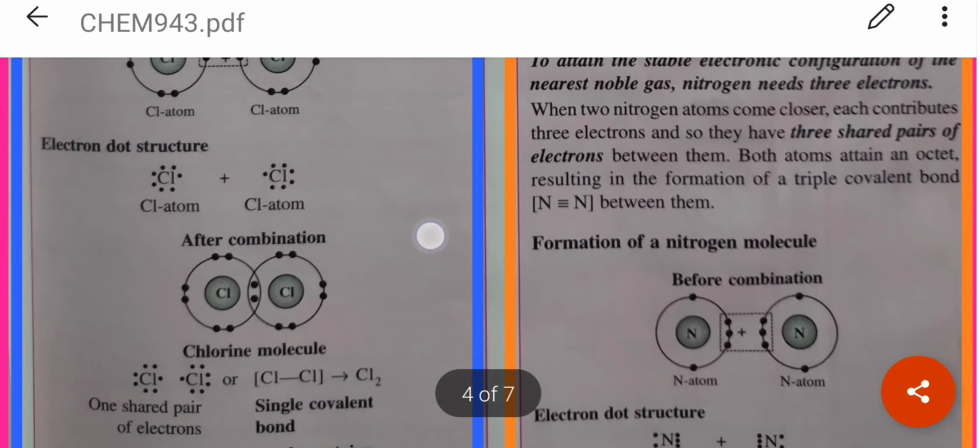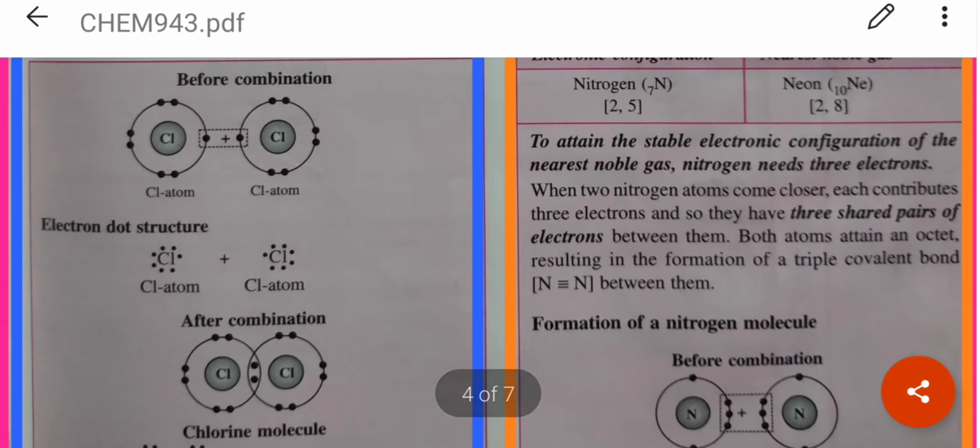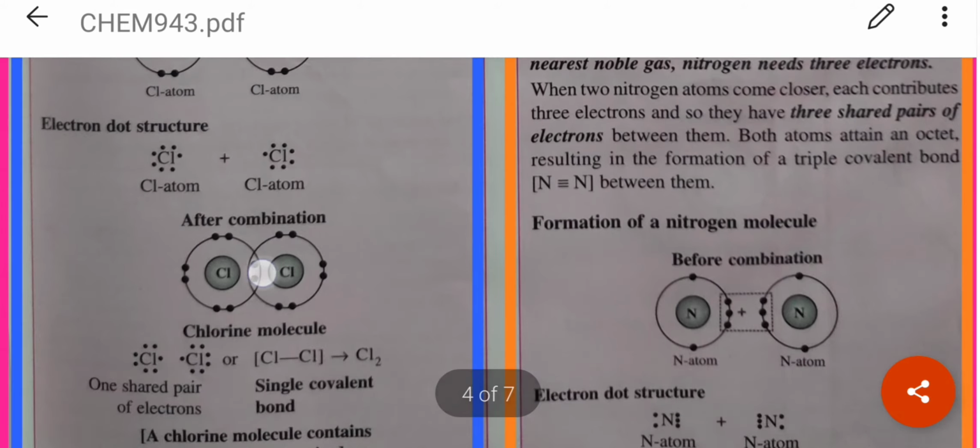So what do they do? They share 1 electron each and form a shared pair of electrons, forming a single covalent bond. You can see here, now you see here also 1, 2, 3, 4, 5, 6, 7, 8, and here also it is 8. Now it has become stable.